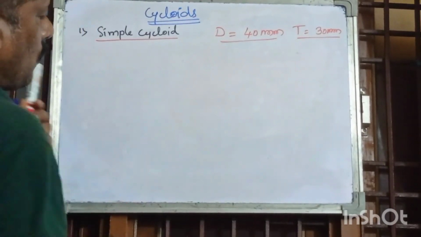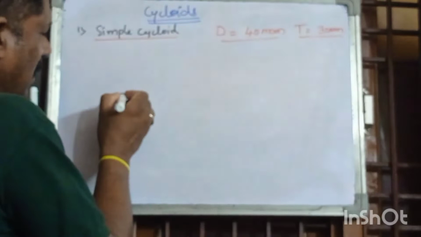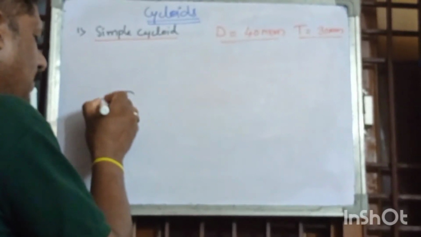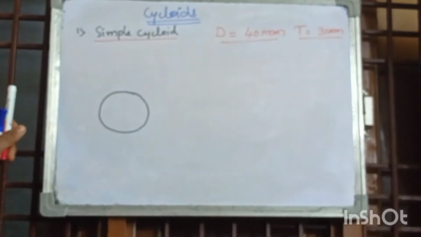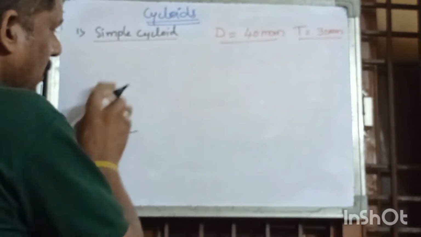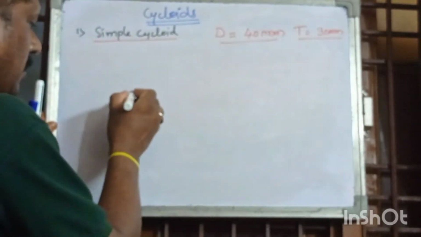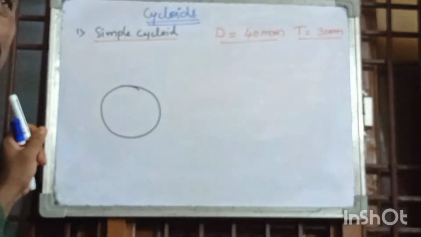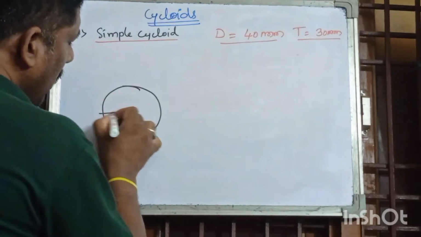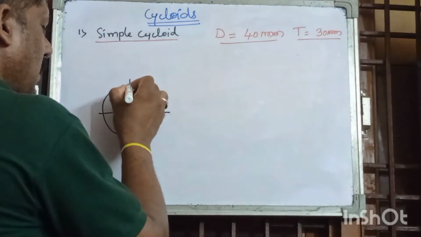Now we can go for how to construct this cycloid. First the diameter is given, so draw the circle, or we can take a bigger one, and take the axis line from the center point.